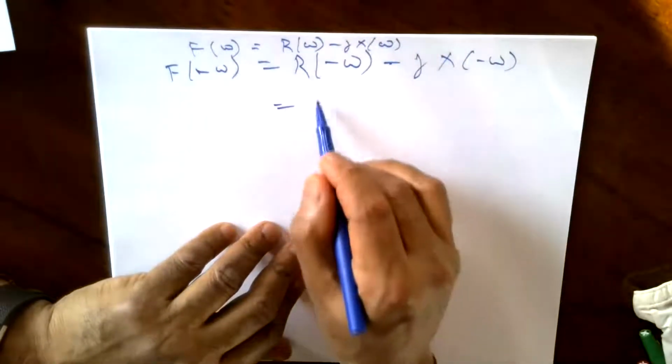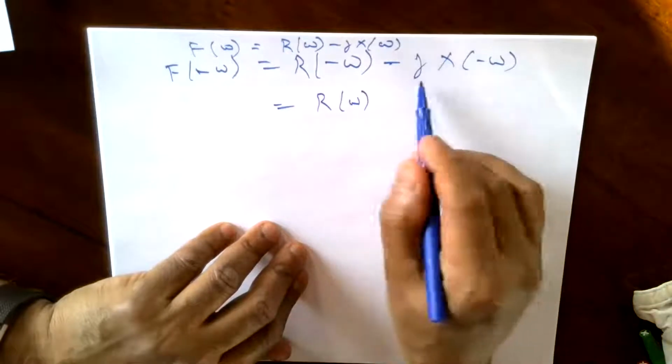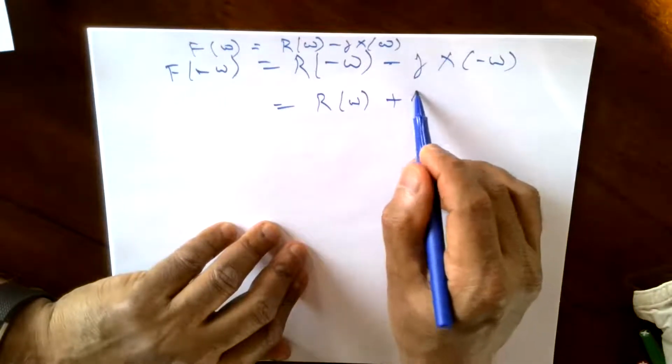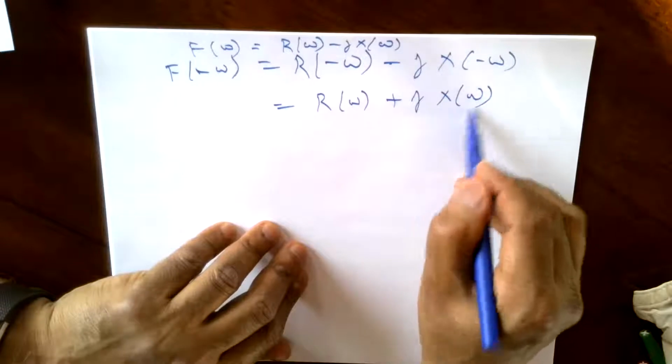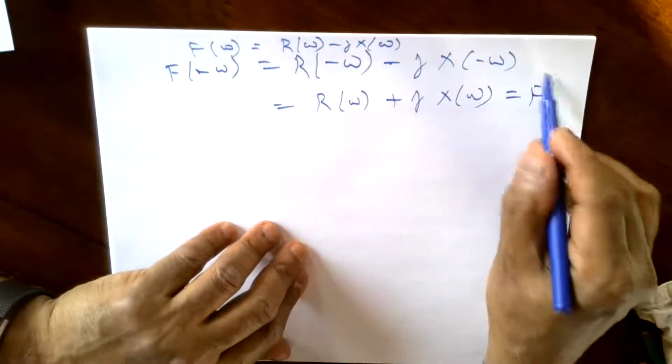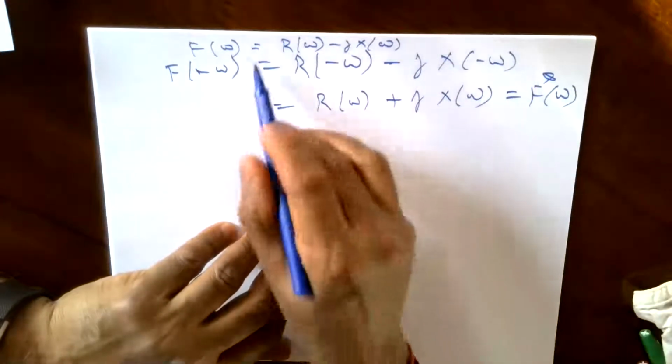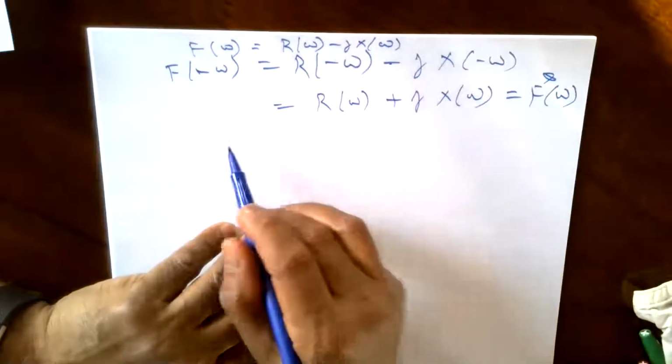So because R is even, this is R of omega, and because X is odd, this becomes plus X of omega. But you can see this is the same as F star of omega, because F of omega is here, and F star of omega is here.